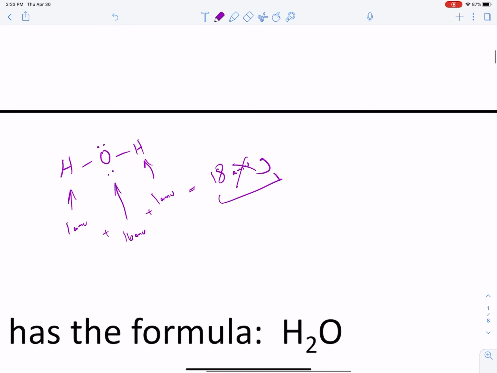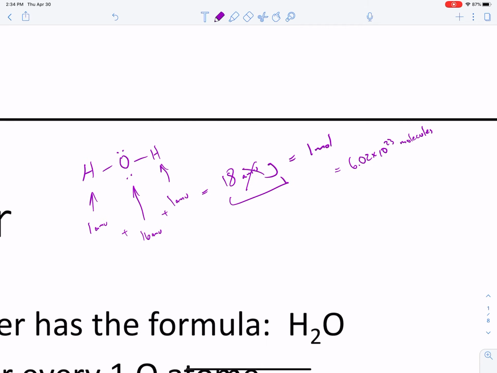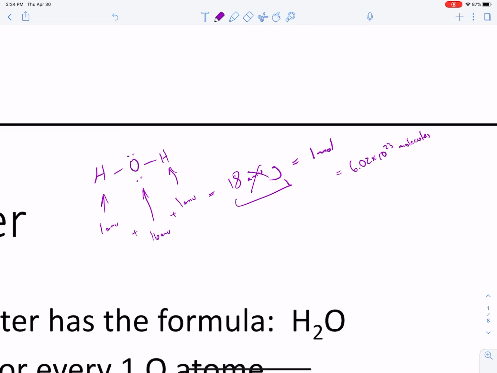So we can say if we've got 18 grams of water, that's going to equal 1 mole of water, which is equal to 6.02 times 10 to the 23rd molecules of water.